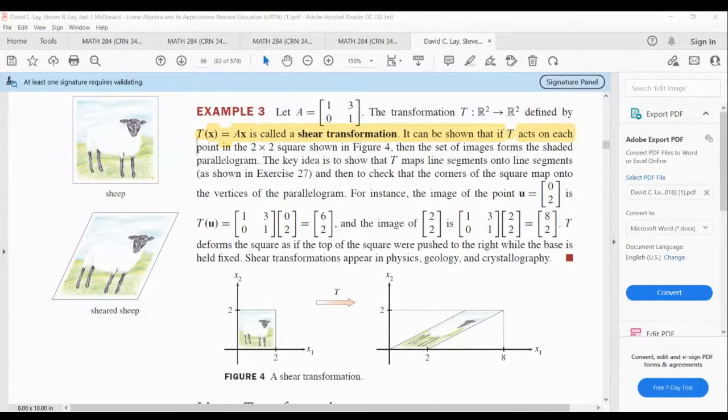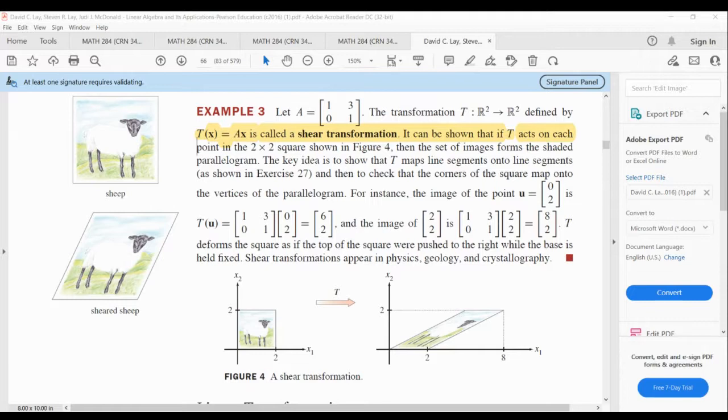There's the sheep, and the sheep is made up of coordinates. And if you transform those coordinates using the transformation A times x, the sheep is going to look like what you see in the picture on the right.